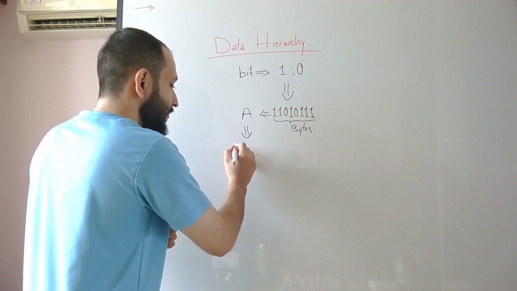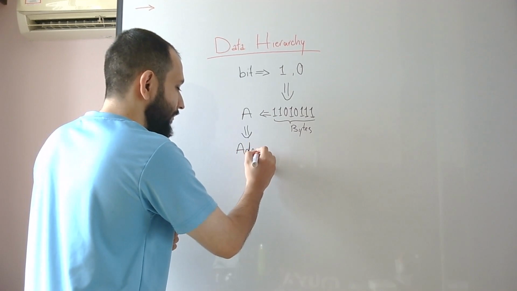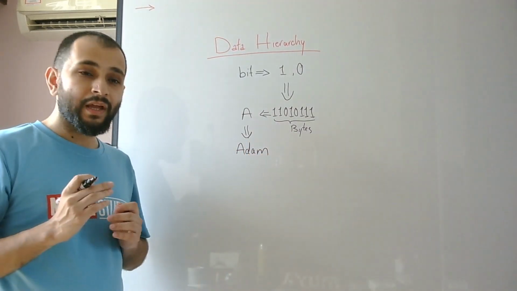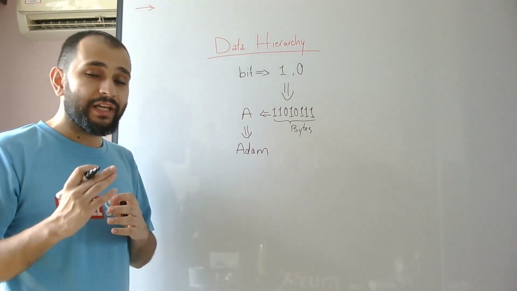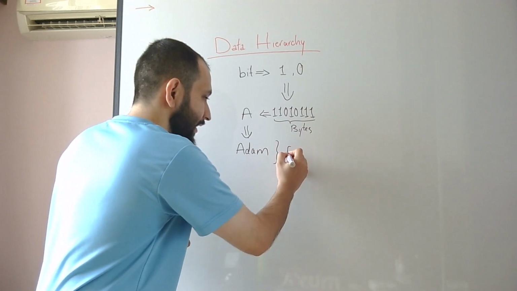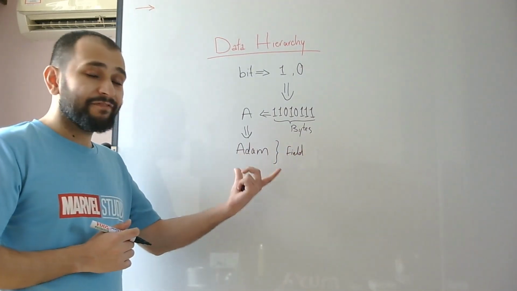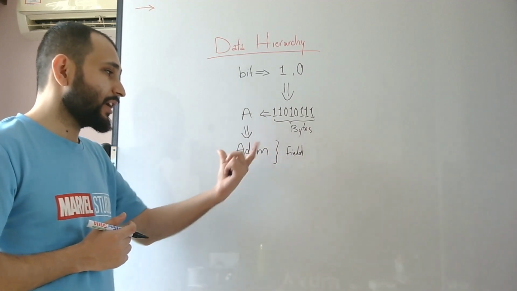Let's say it makes a word or a name, Adam. These words, or this combination of characters, are usually called fields, and this field could represent a name inside of a record.